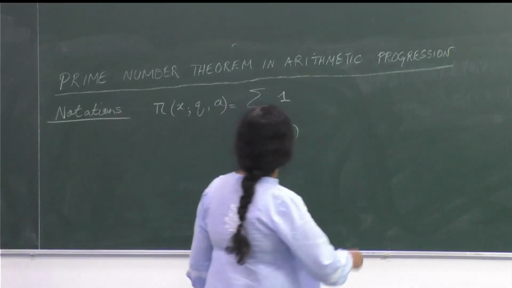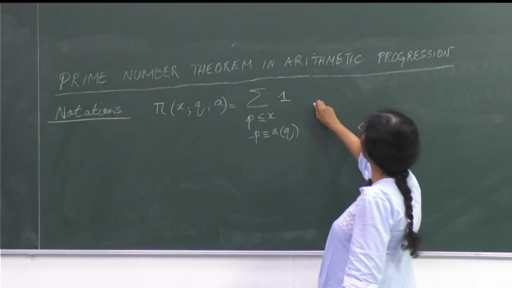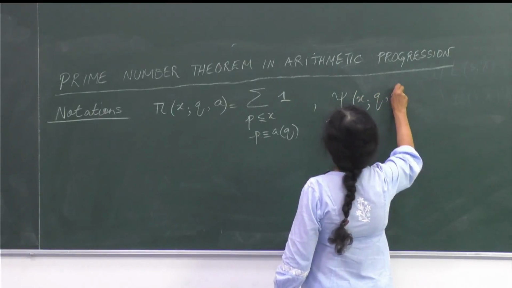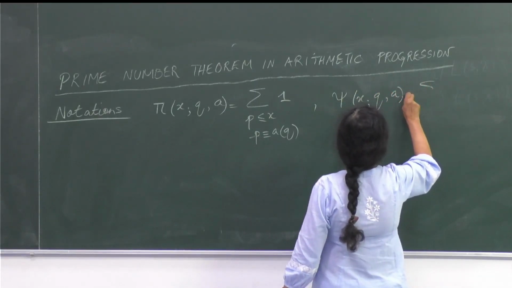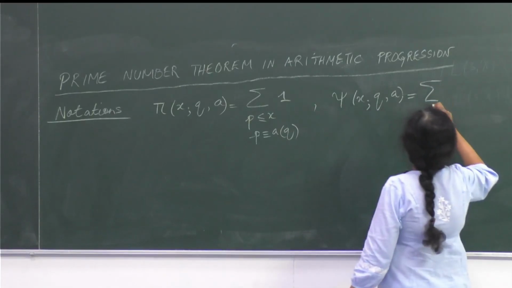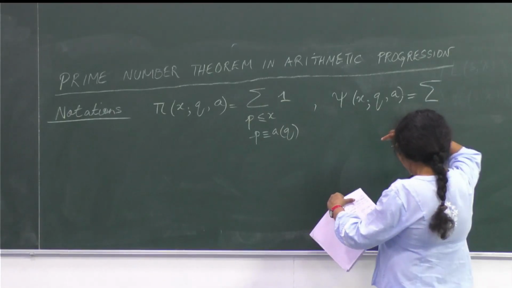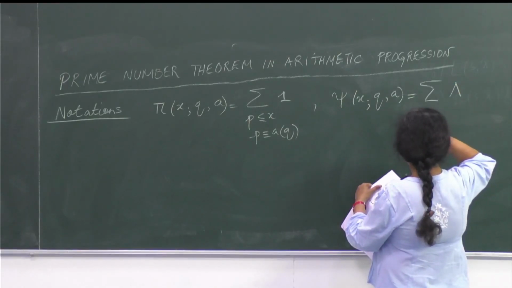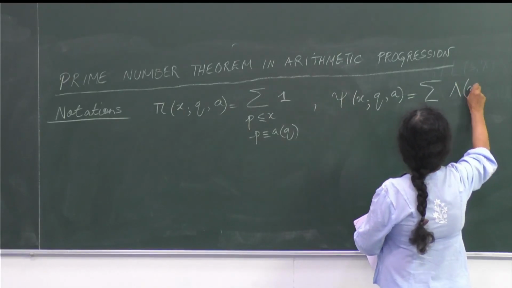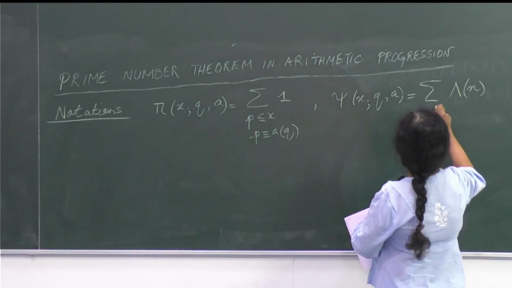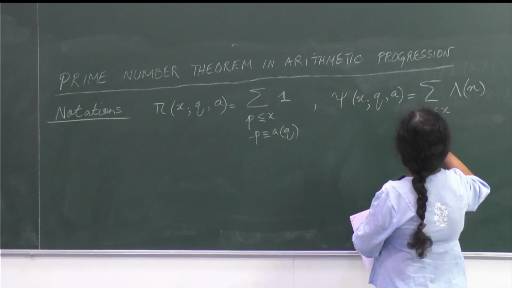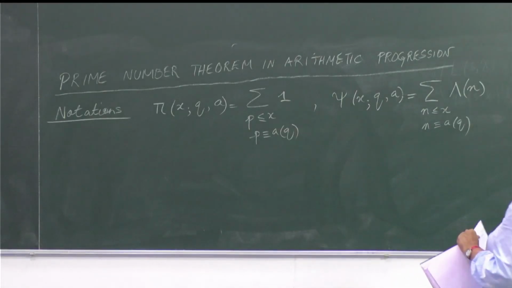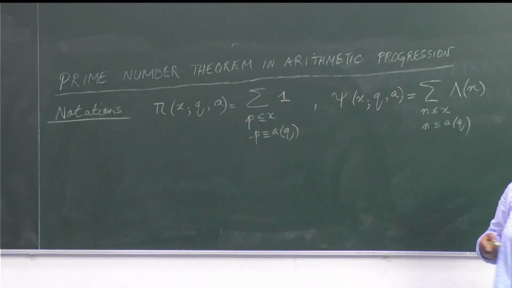The smooth version of this is psi(x; q, a), defined as the sum of lambda of n, with n less than or equal to x and n congruent to a modulo q. Lambda is the von Mangoldt function.